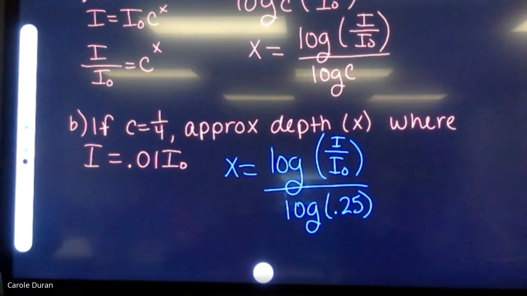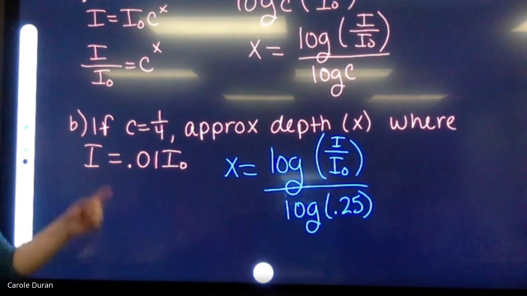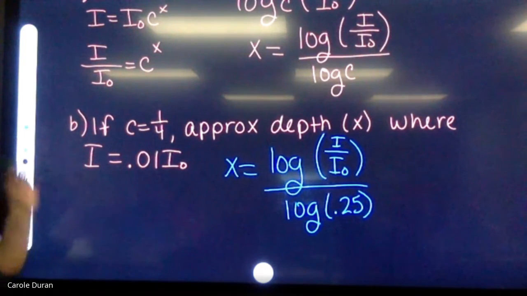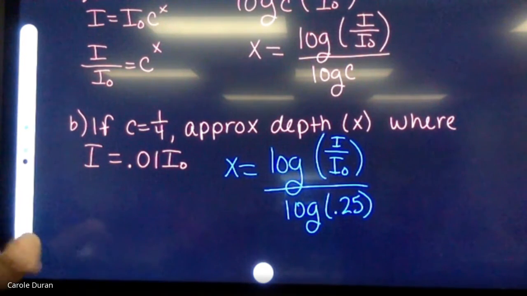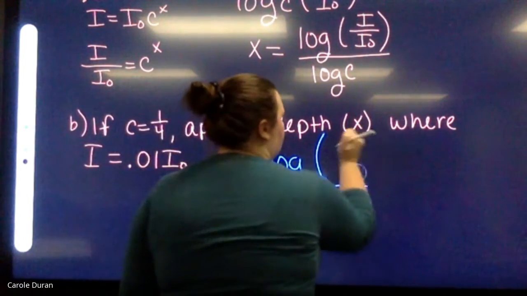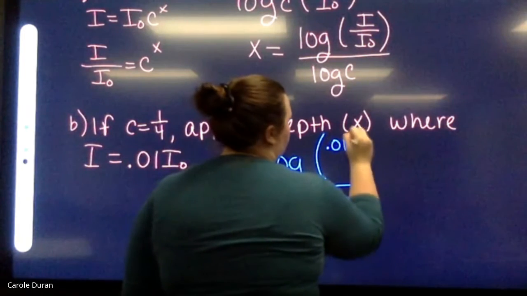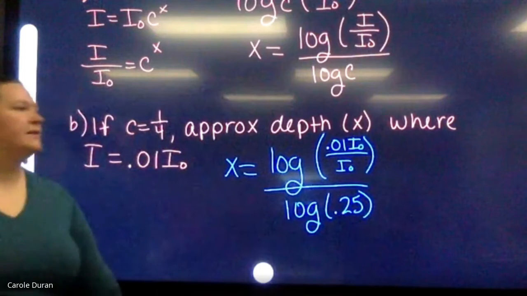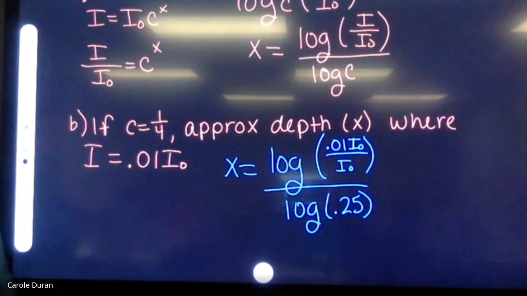And then did I know anything about I or I naught? I is equal to 0.01 I naught. So I'm going to replace that I with 0.01 I naught. So now I have log of 0.01 I naught over I naught all over log of 1/4.